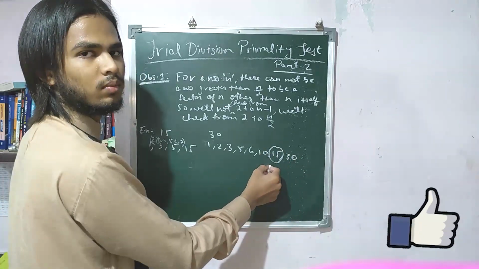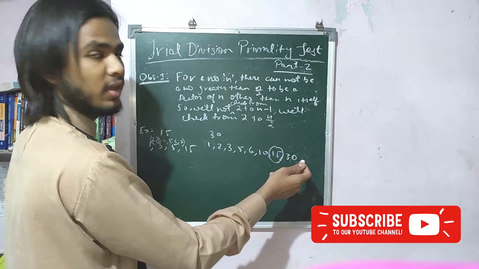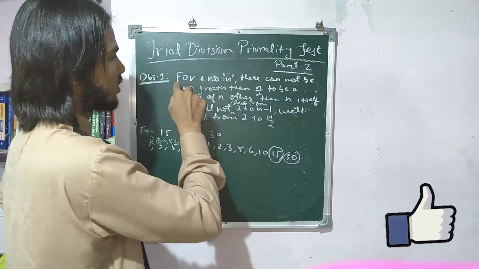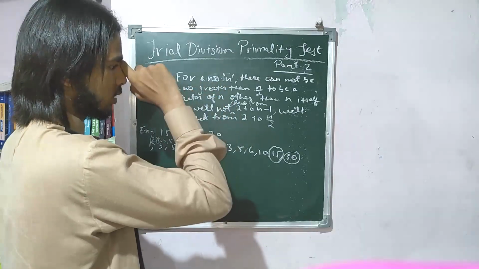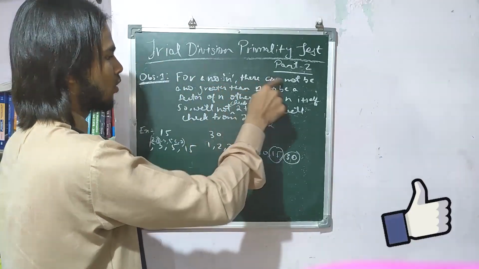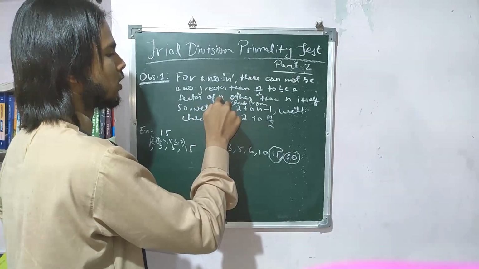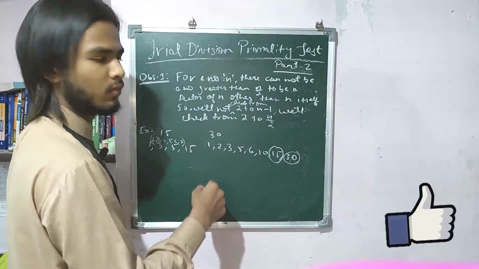The maximum is 15. Another maximum is 30, but we are not counting this one. As I said in observation number 1, for the number 30 there cannot be a number greater than 30 by 2, that is 15, to be a factor of 30 other than 30 itself.